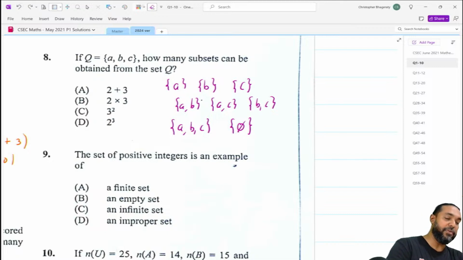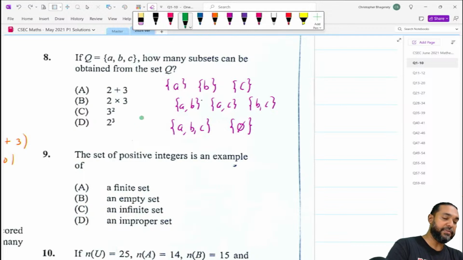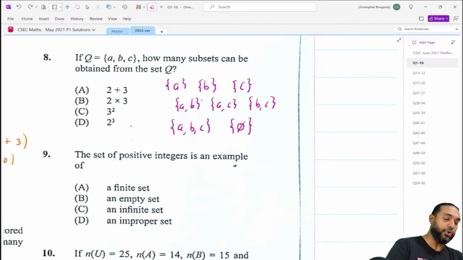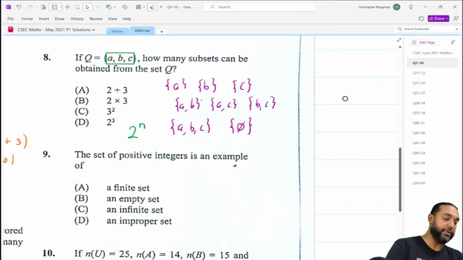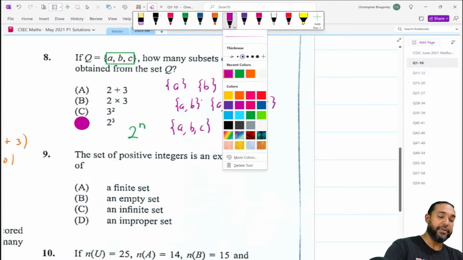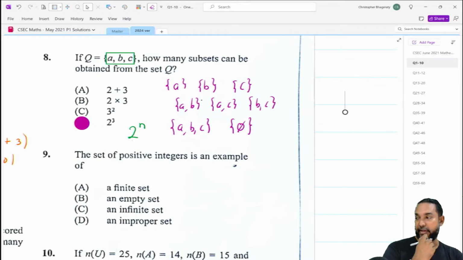The general rule of thumb is that the number of subsets for any given set is always 2 to the power n, where n is the number of elements in the set. So if you have 3 elements, it's 2 to the power 3, which is 8. We could count that 8 individually from the list of subsets off to the right. So just remember the item in green: the number of subsets from any given set is always 2 to the power n, where n is the number of elements in the set.